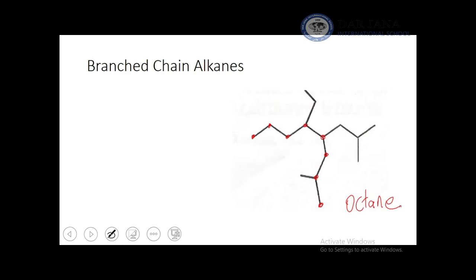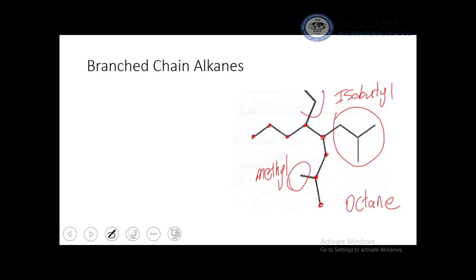Let's circle and name the alkyl groups we have here. This one is called methyl. This one is called isobutyl. This is ethyl.